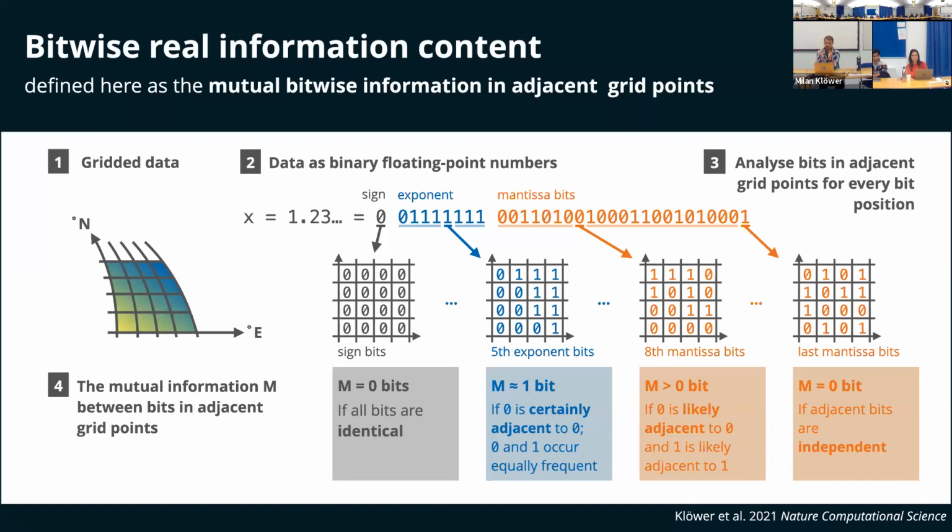So we started doing this for all of the numbers in the gridded data, in some array, and we always looked at the sign bit, every exponent bit, and every mantissa bit individually.